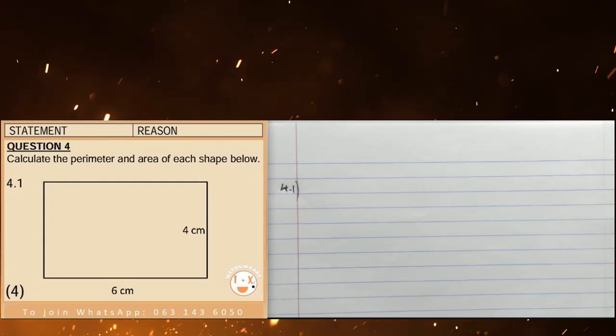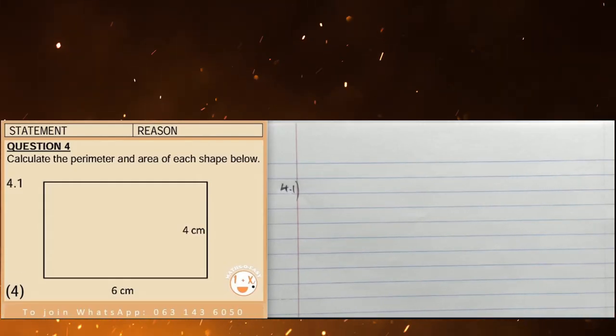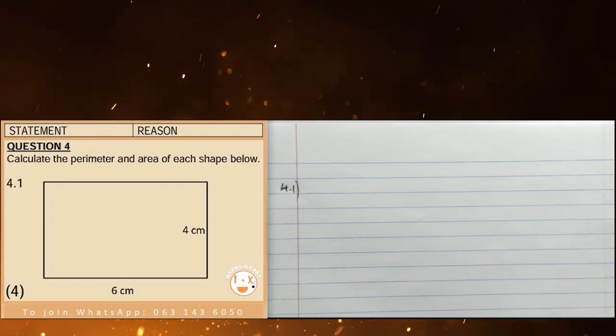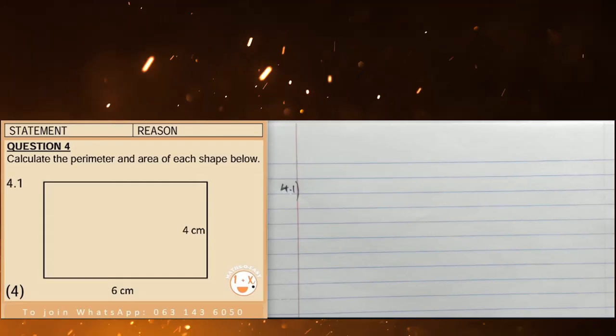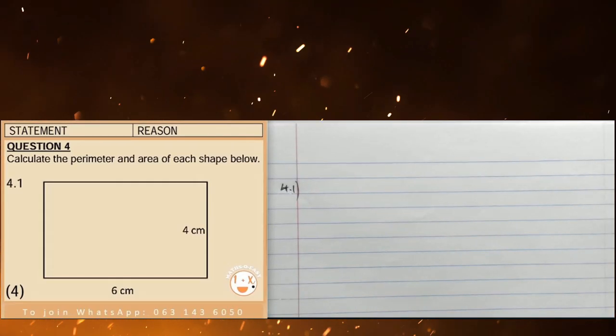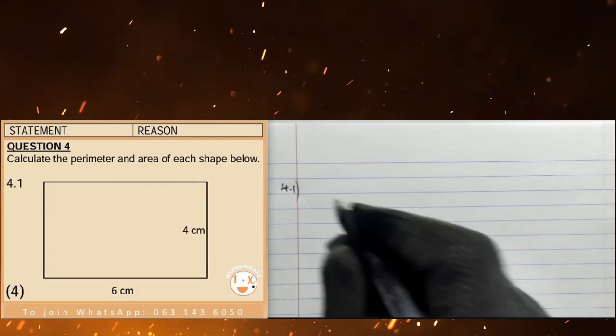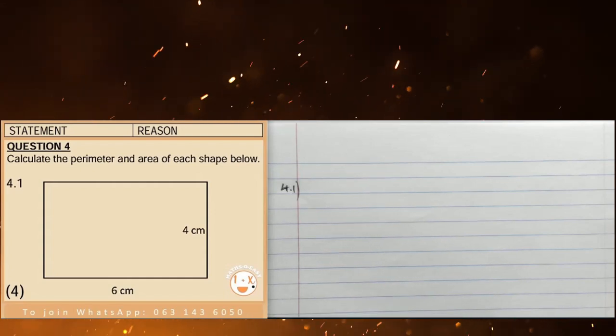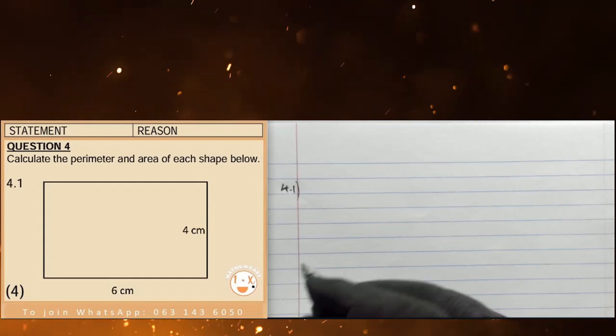Before you do your congruency, similarity and proportionality, you can also go ahead. Your booklet is labeled properly, so you go to that question. Otherwise, you simply write on top, question 4, and then you do it. 4 marks, straightforward, isn't it?